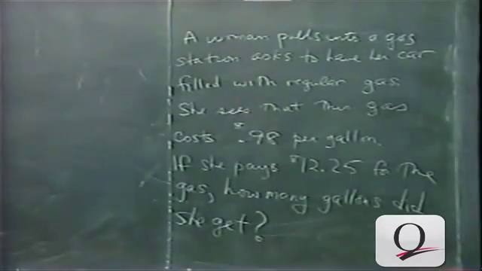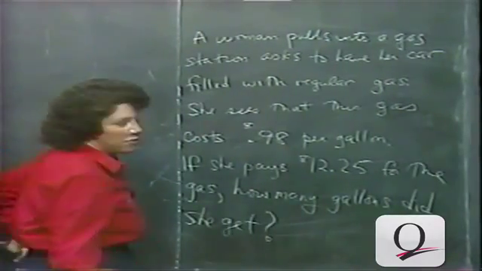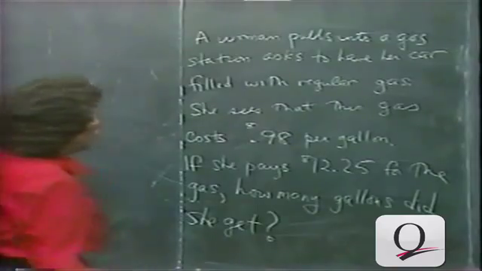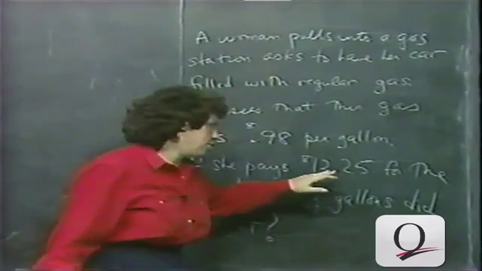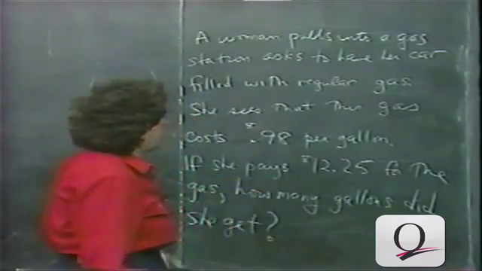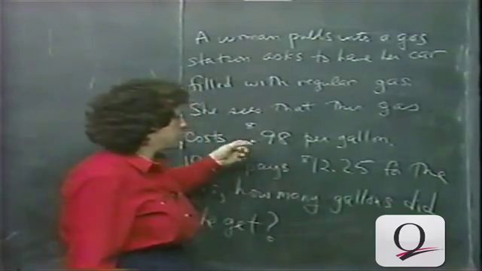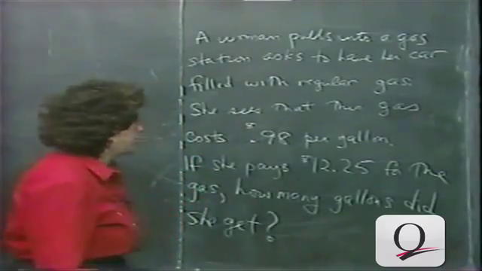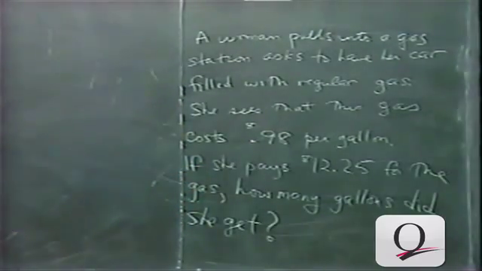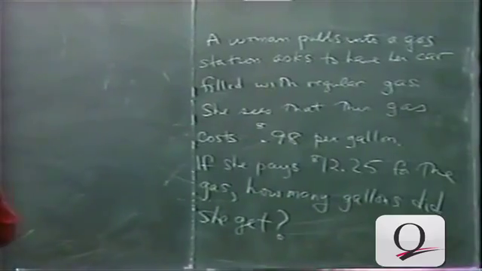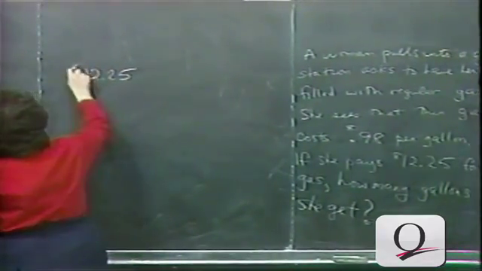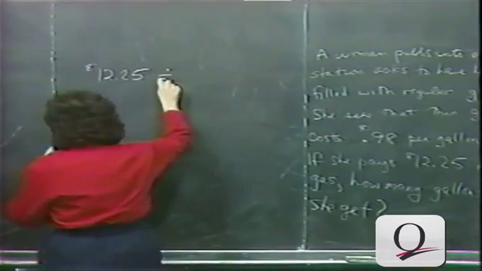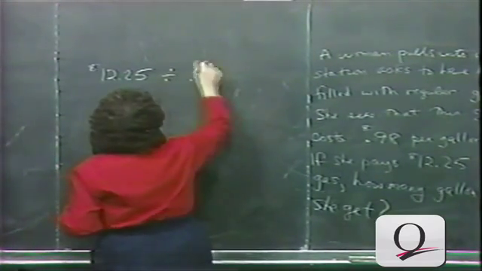Now, most of you are saying this must be a division problem because it comes after I taught you how to divide decimals. But hopefully you see why it's a division problem. We know the cost per gallon. We know how much she pays. If we divide the total amount she pays by the cost per gallon, we'll learn how many gallons she buys. So we want to figure out what is $12.25 divided by 98 cents.